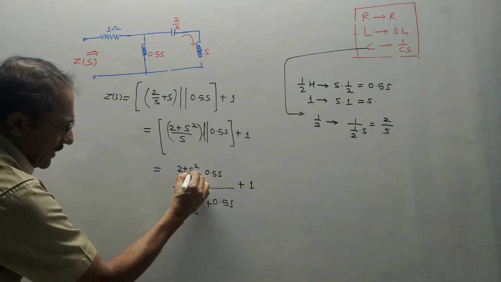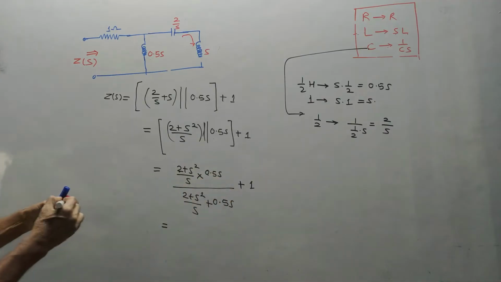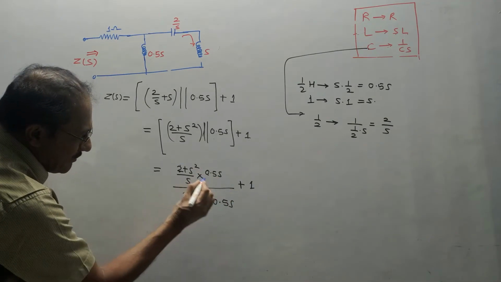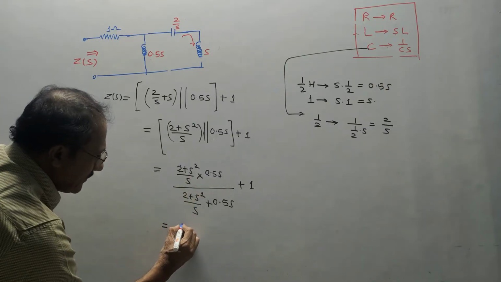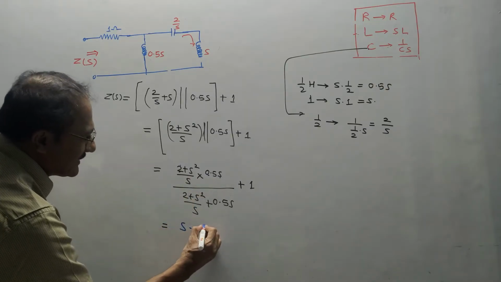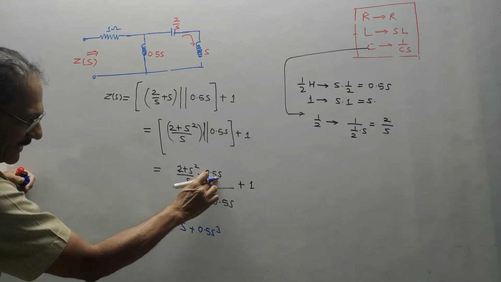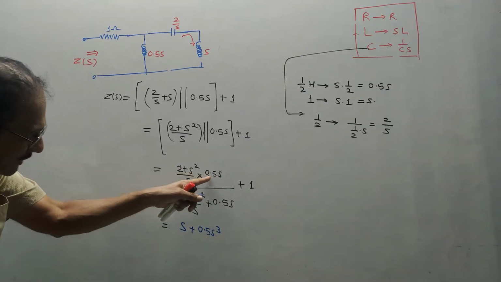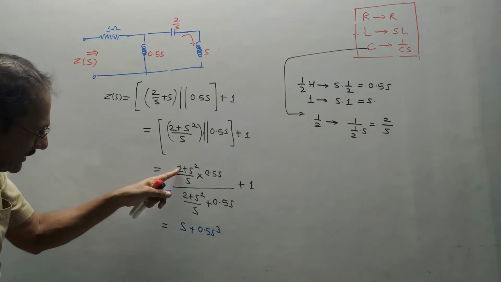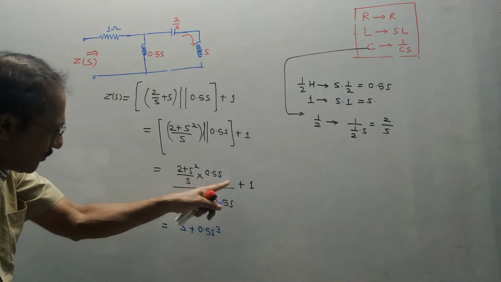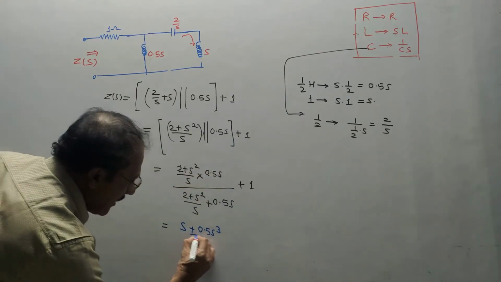This 2 plus s square term is getting multiplied with 0.5s. So first I will take multiplication of these 2 and 0.5. So it becomes simply s plus 0.5s cube. I have multiplied 2 plus s square by 0.5s. So it is 2 into 0.5, that is only s remains, s square into 0.5s, 0.5s cube upon s.